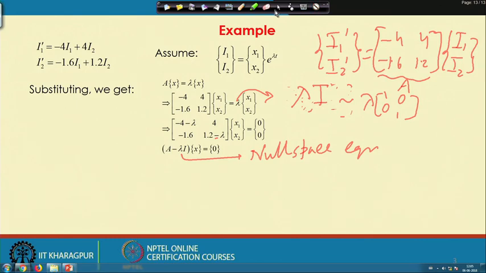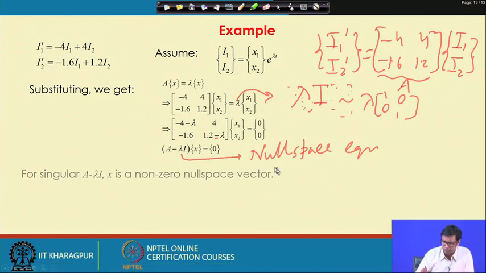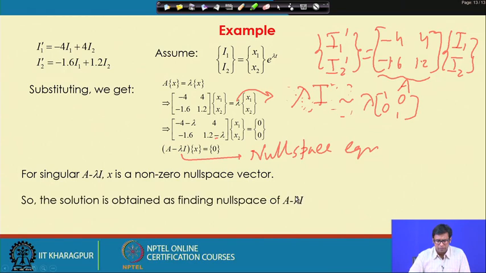So, for singular A minus λI, x is a non-zero null space vector. The solution is obtained by finding the null space of A minus λI, and the null space is non-zero only when A minus λI is singular.